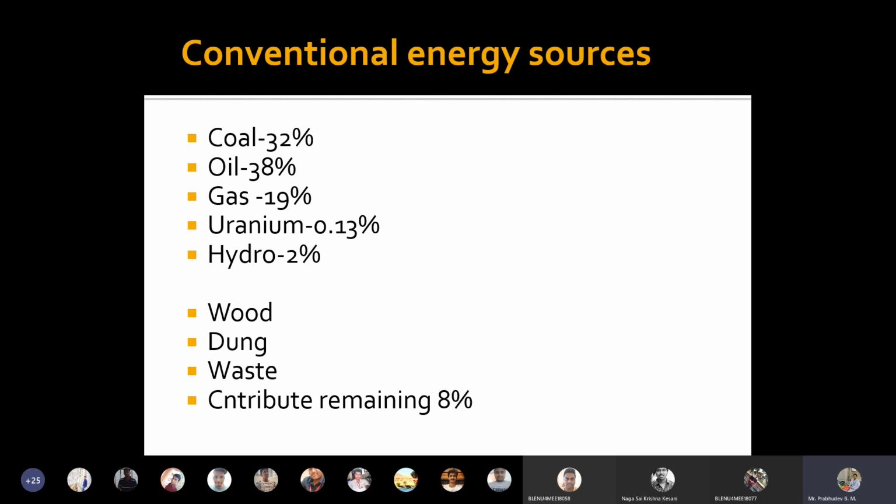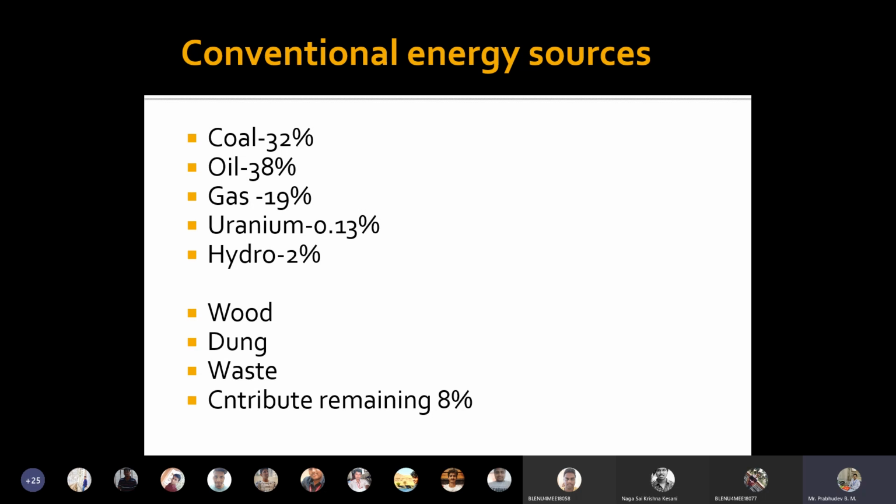Coal also has a very low calorific value. That means if you burn 1 kg of coal, it produces very little energy compared to oil, and it is not easy to transport. Unlike fuel, you don't find it comfortable to transport coal. So coal is not a very convenient energy form.